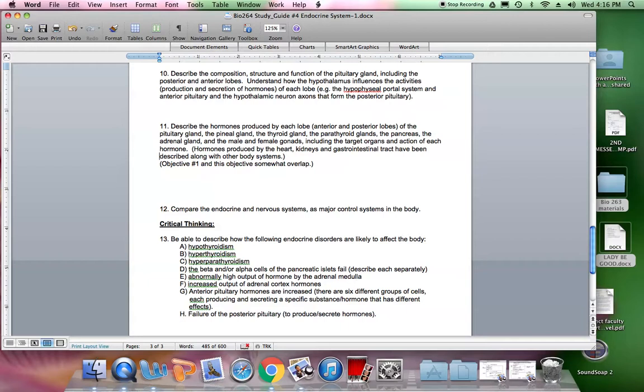But both of these are considered the major control systems in the body. I want you to start thinking about these a little bit, and many of the PowerPoint slides actually describe these.